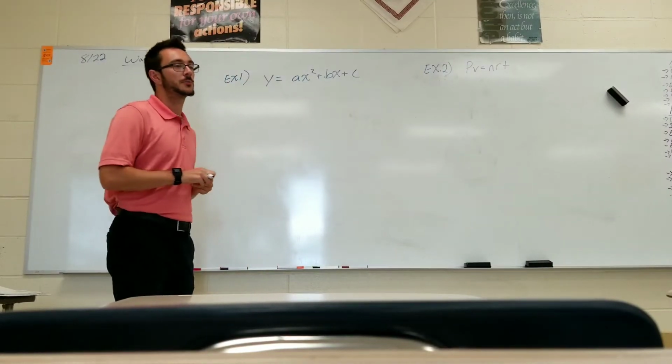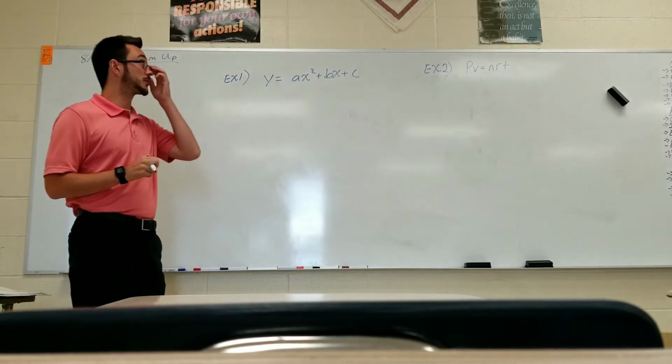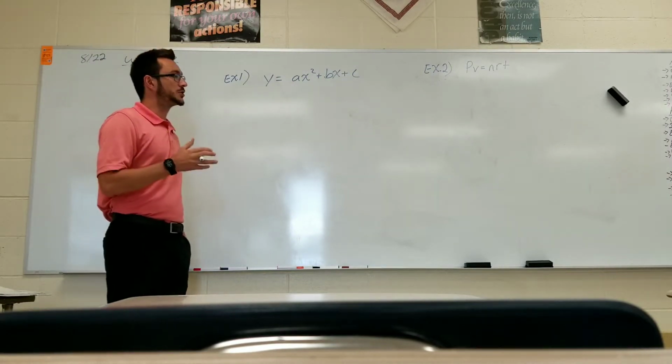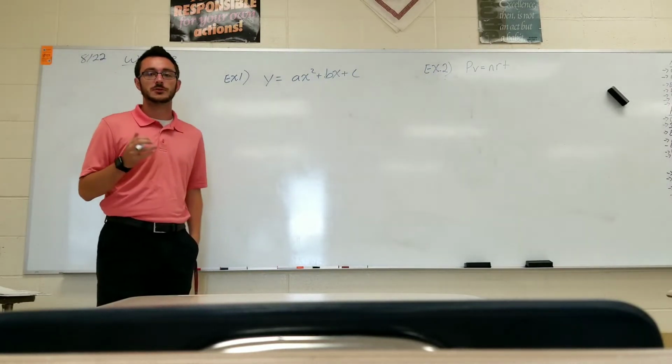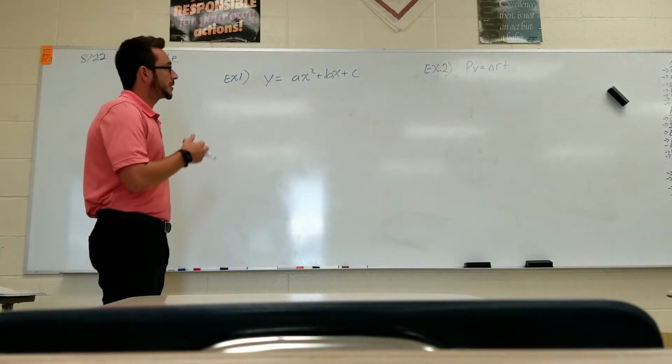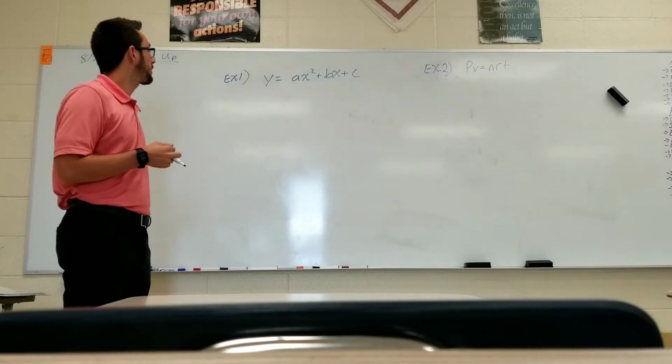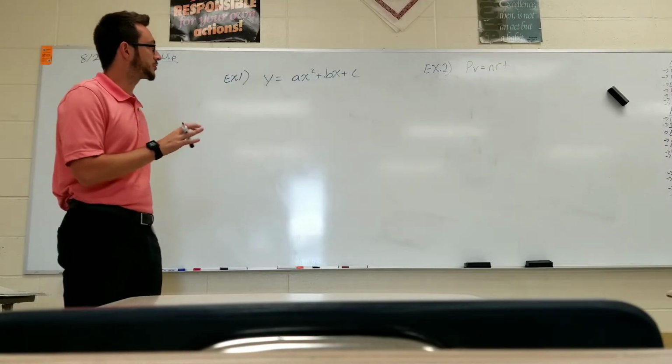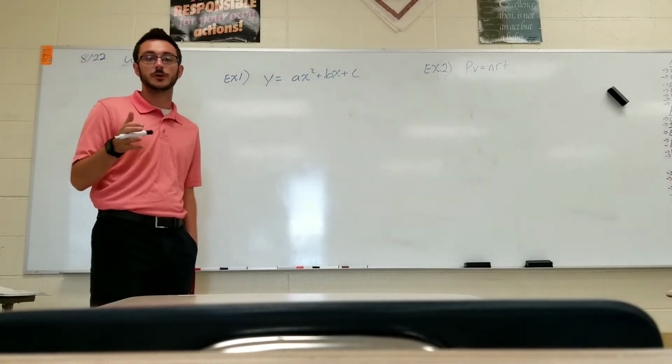Okay, for this video, we're going to go over solving equations and specifically multi-step equation solving. So the two examples I'm going to show today are essentially full of multiple variables.